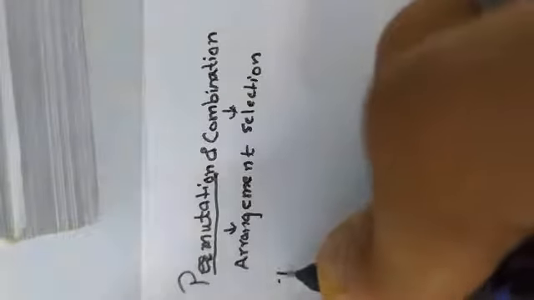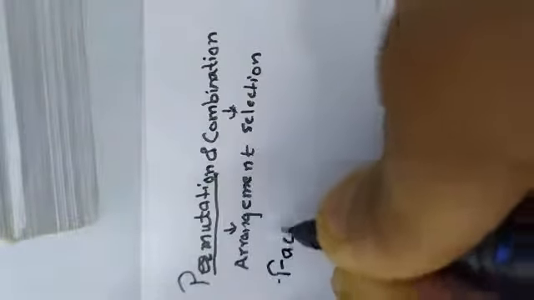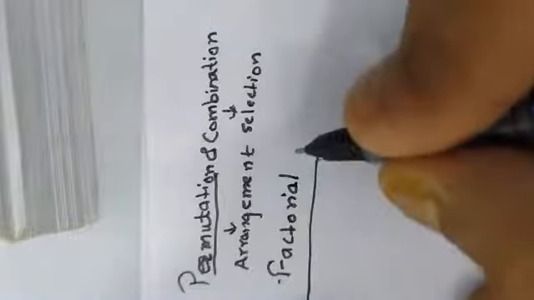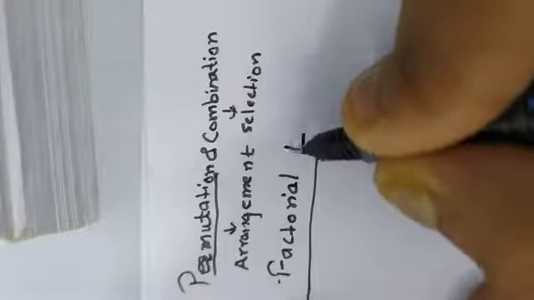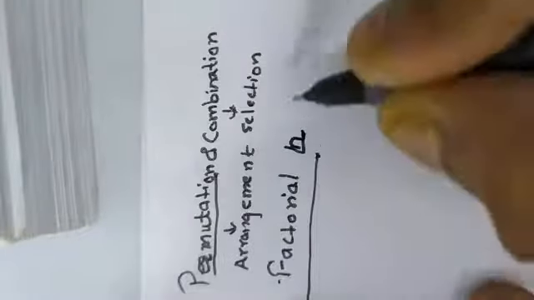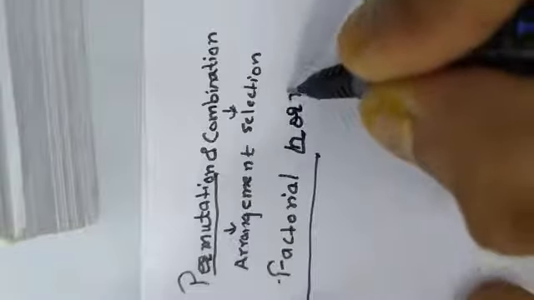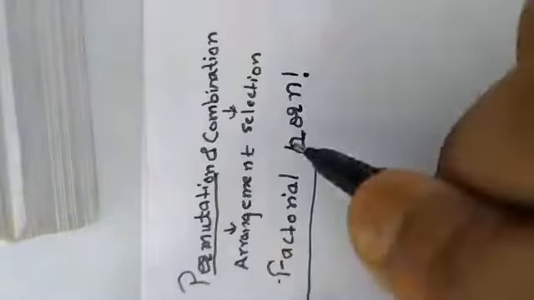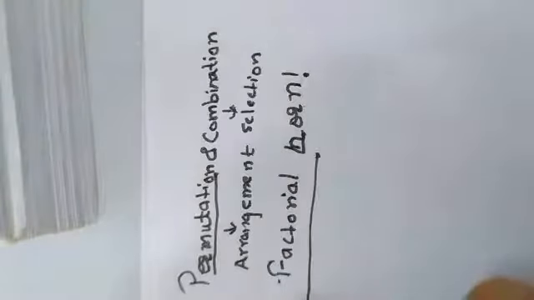Now, if I have to proceed with permutation and combination, first of all I want to tell you the factorial notation. What do you mean by the factorial notation? It is generally denoted by the symbol n factorial or this. In some books you get this symbol, in some books you get this symbol.